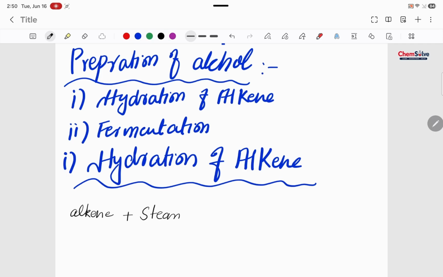It is actually water, but due to very high temperature, it has turned into steam, and the conditions are 300 degrees Celsius temperature, 60 atm pressure, and H3PO4 phosphoric acid as a catalyst. This is an addition reaction and it will produce alcohol.